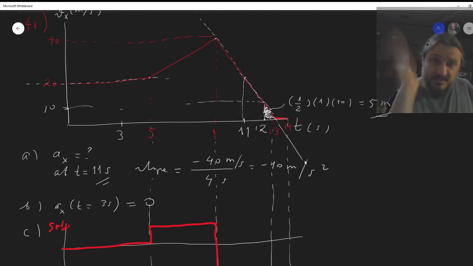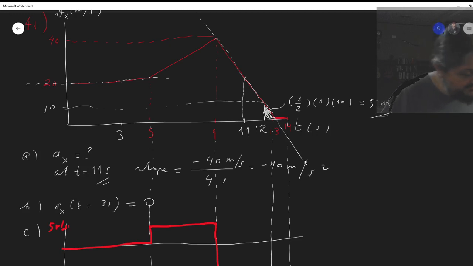No, the motion is always forward. It's just slowing down, that's all. Okay, so it's still 5 meters, but slowing down. Alright? So between 0 and 12 or 13 seconds, velocity is never negative. If the velocity were ever negative, that's when you would say, oh, it's moving in the negative direction. No, it's not moving in the negative direction.